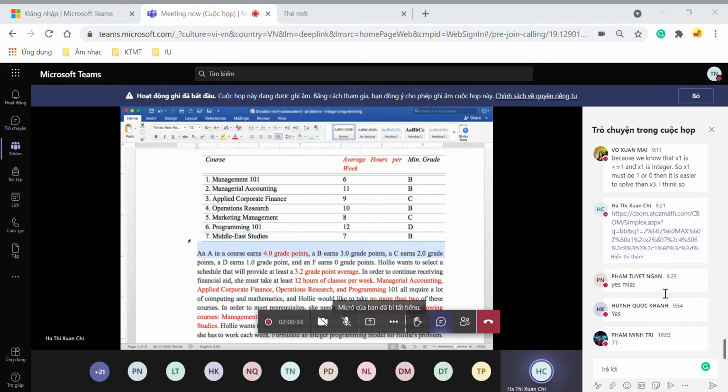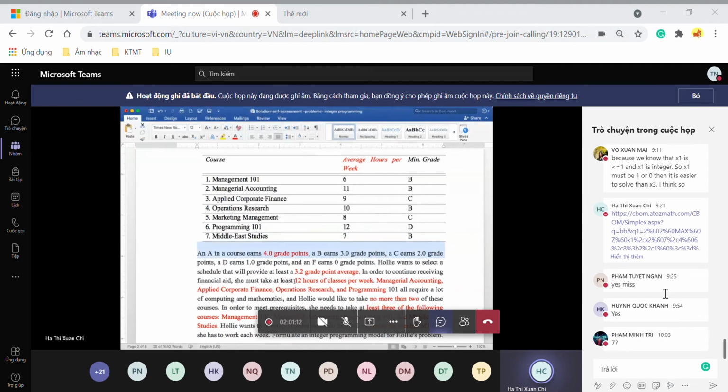So right now, she wants to minimize the number of hours to work each week, right? So it means she will think about which course she will study and which course she will not. So here you can see that it is yes or no, binary. Select or not select, right? You have x1, x2, x3, x4. That is a binary variable.